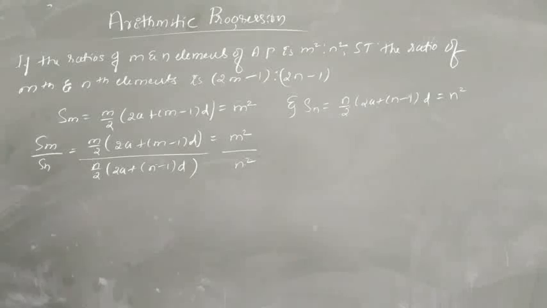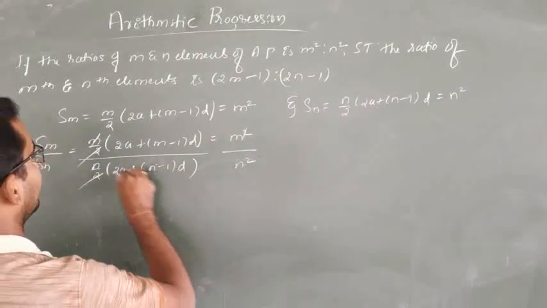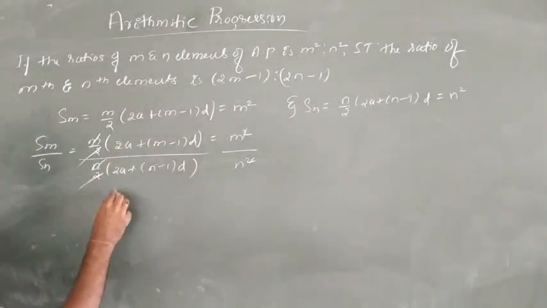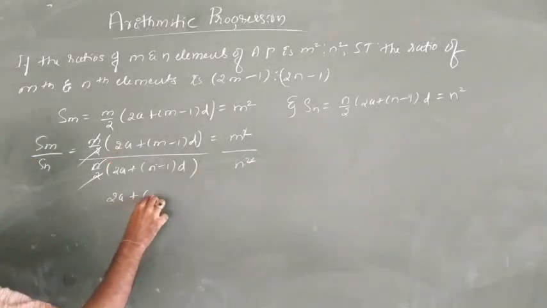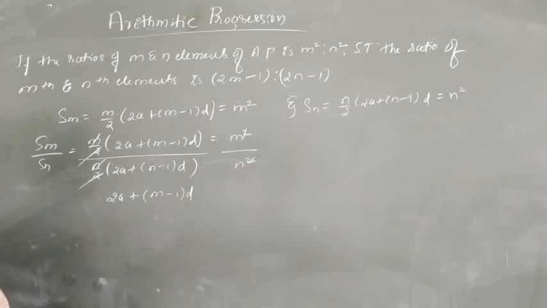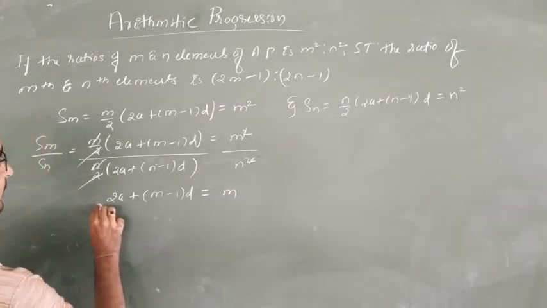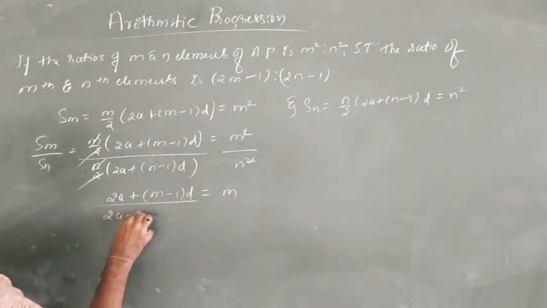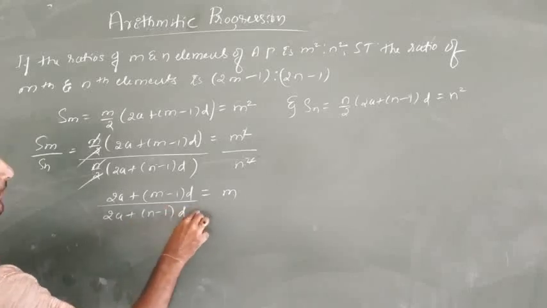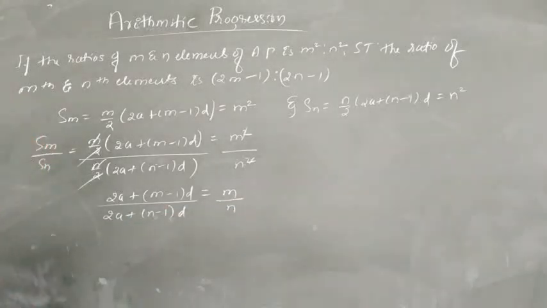Okay. So here, these two get cancelled. One of the m gets cancelled. One of the n also gets cancelled. What remains here? 2a plus m minus 1 into d over 2a plus n minus 1 into d is equal to m divided by n. But I have to get the mth and the nth element. Note it.